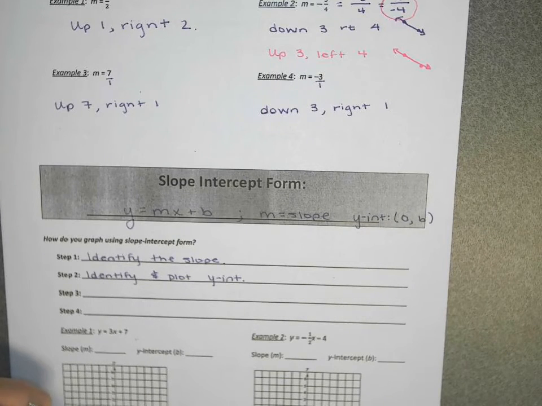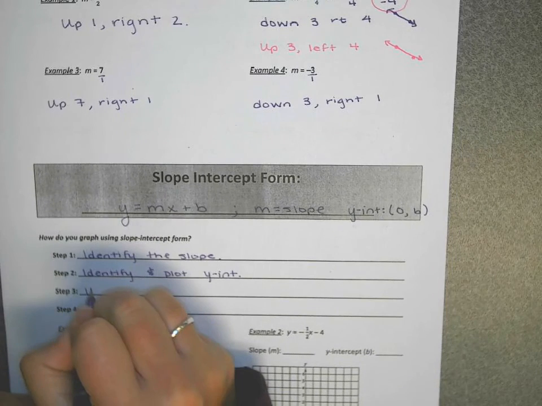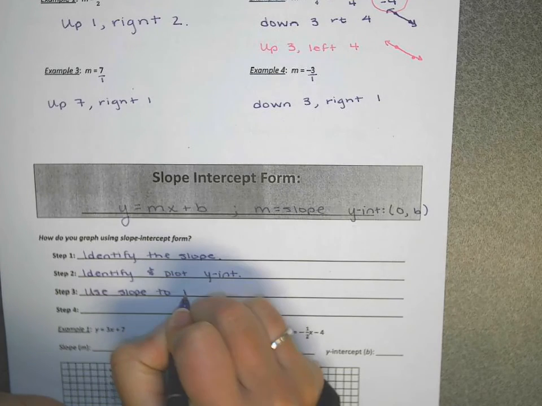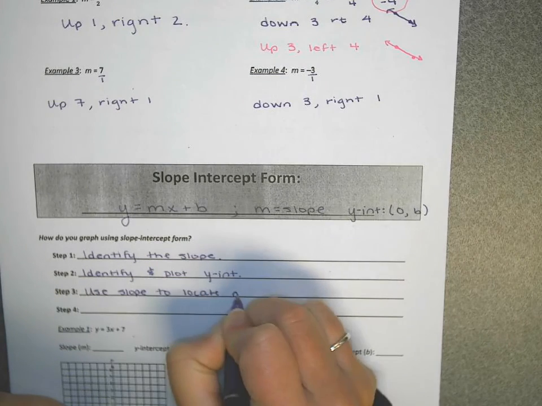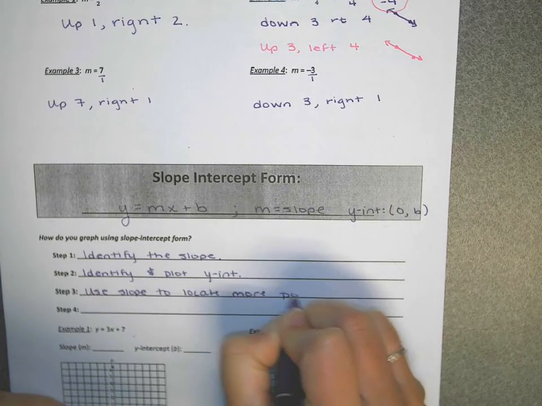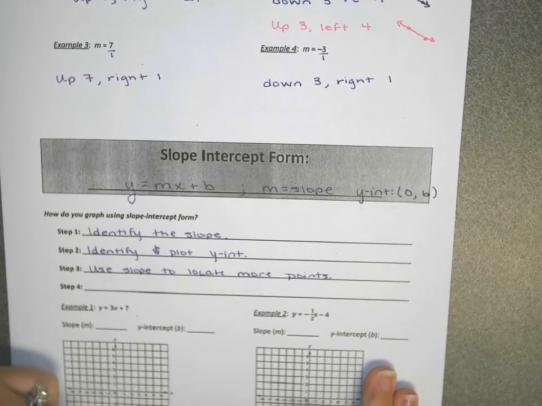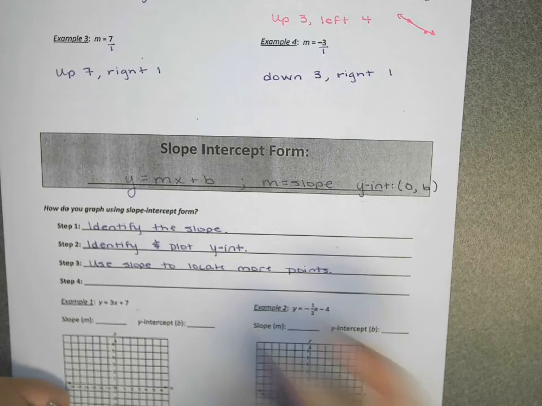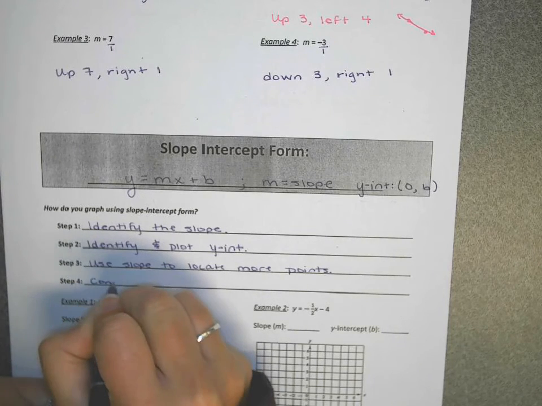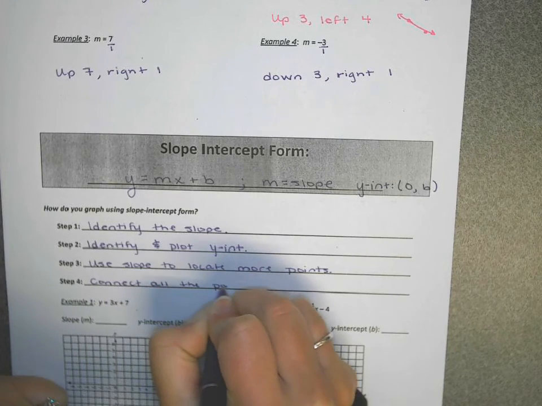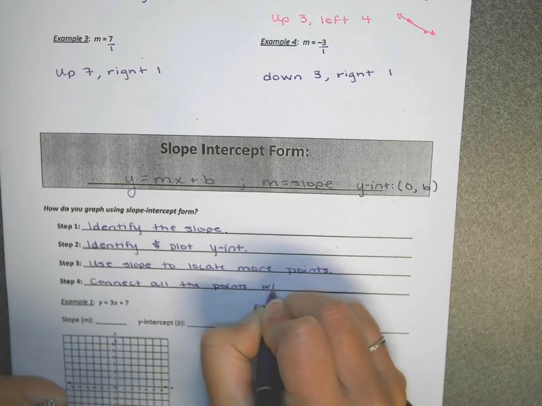Then you're going to use slope to locate more points. And once you have as many points on your graph as possible, you're going to connect all the points with a straight edge.